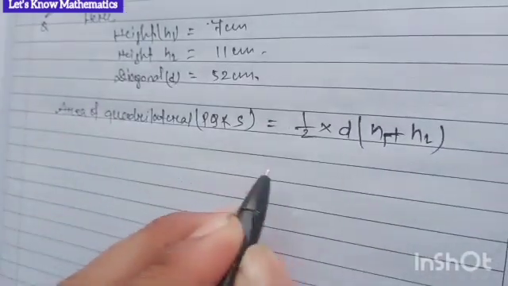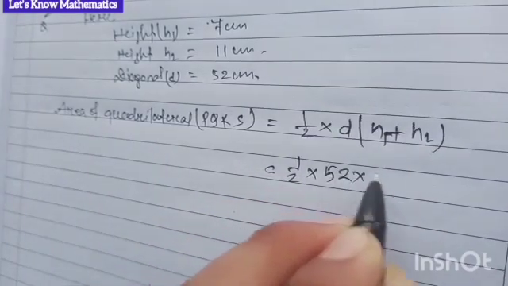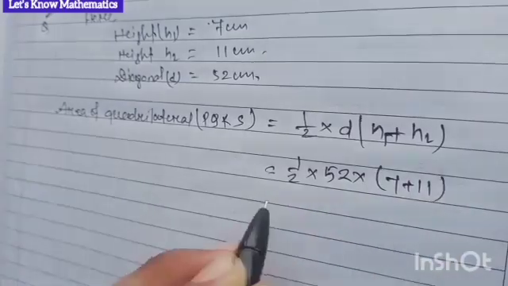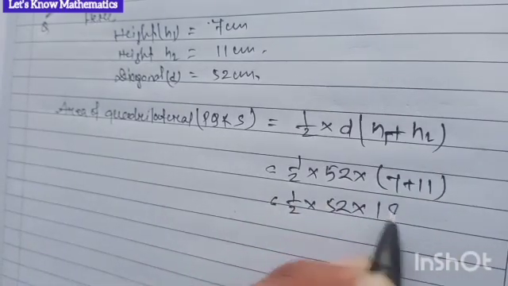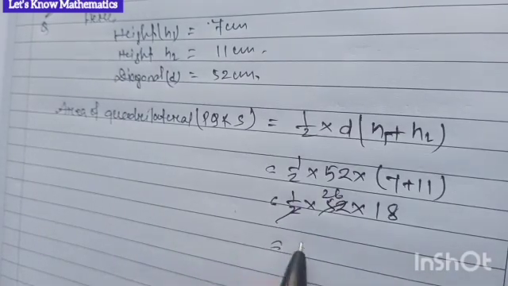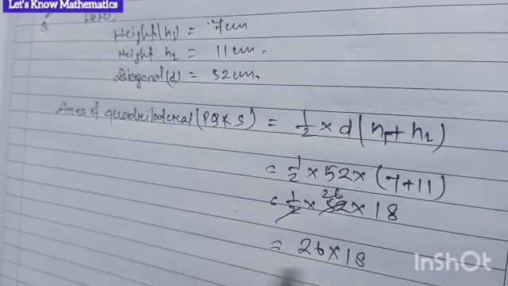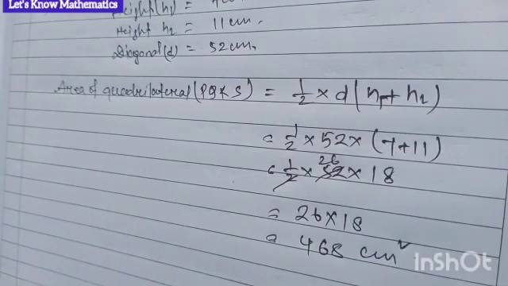Put the values: 1 by 2 into 52 into 7 plus 11, so 1 by 2 into 52 into 18. You can cut it: 26 into 18 means what? 468 centimeter square. Okay, this is your answer.